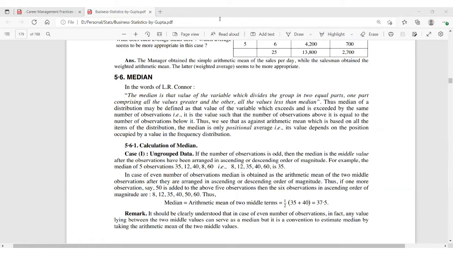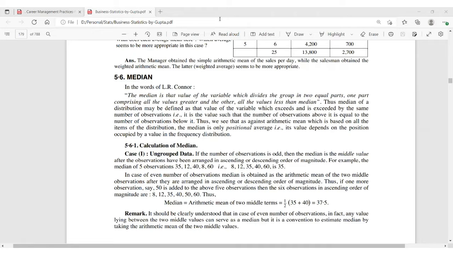Now median. What is a median? Median is that value of the variable which divides the group into two equal parts, one part comprising all the values greater than and the other all the values less than the median. Right.